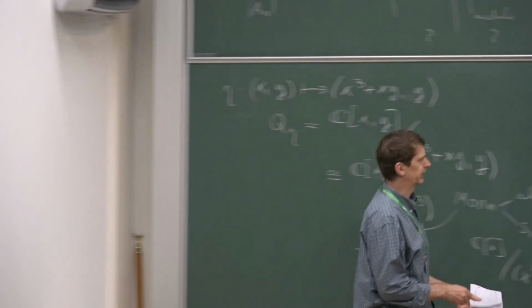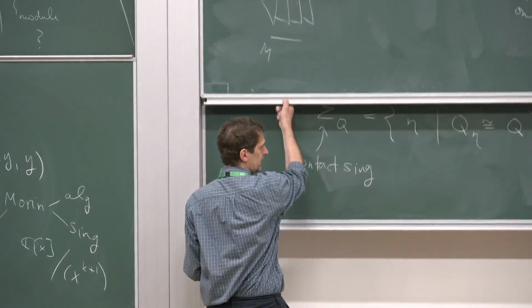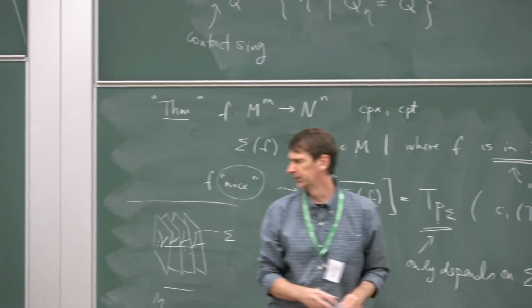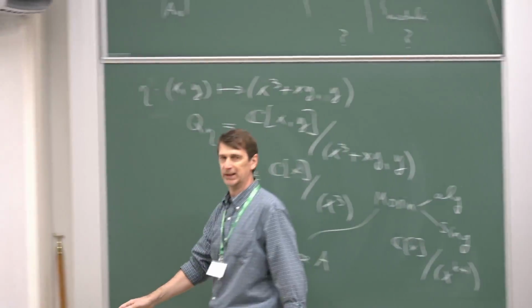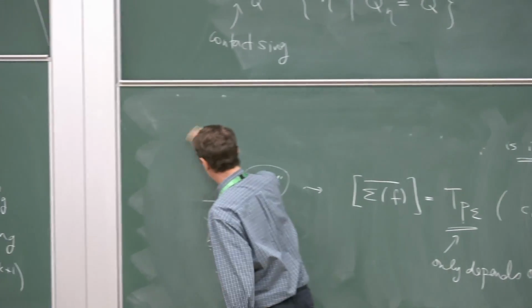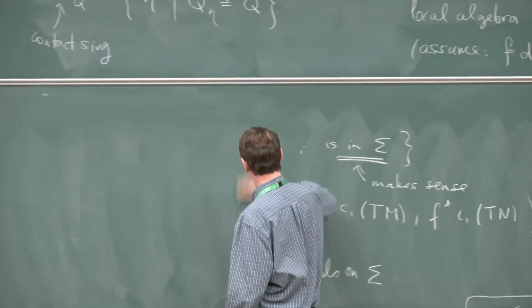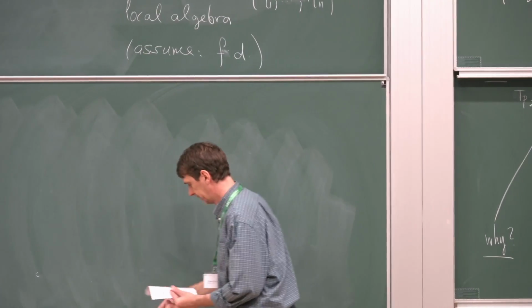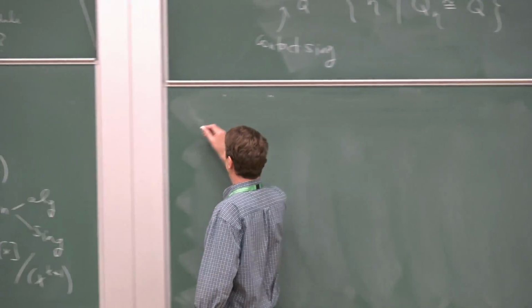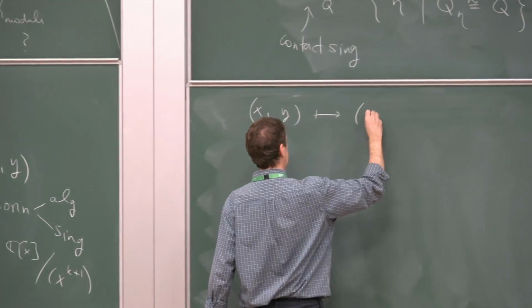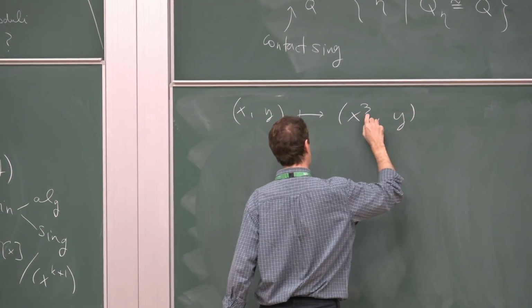I'm going to show you another map with the same local algebra. Well, that was a little jumping ahead, but you will see that the other map that I will show also has this isomorphic local algebra. That would be (x,y) mapping to (x, xy, x cubed y).